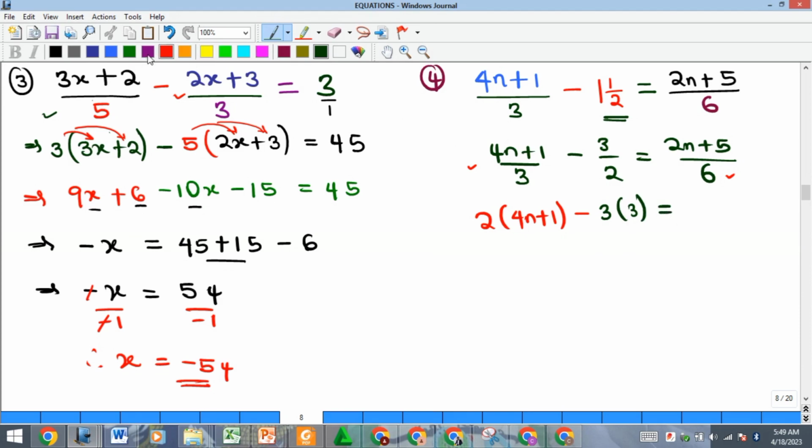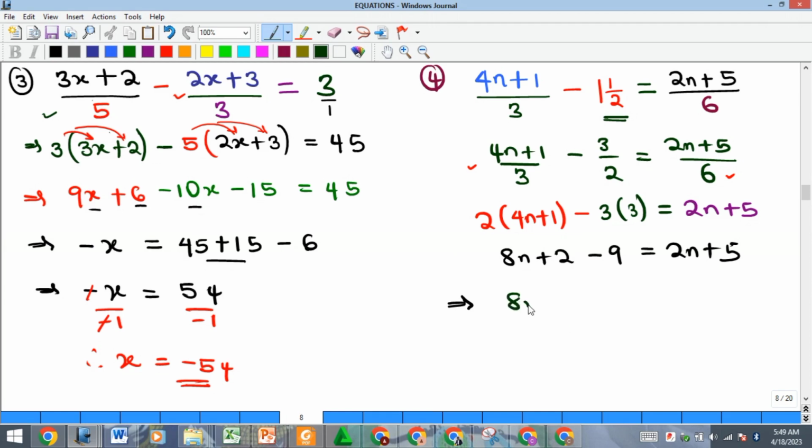And so this is equal to, here we will have 6 will cancel 6 and it will go. So we just have the numerator, which is 2n plus 5. So we try to open up the bracket next, and this will give us 8n. So what do we do next? We will try to now collect like terms. And to do that, n's will come to the left and numbers will go to the right.